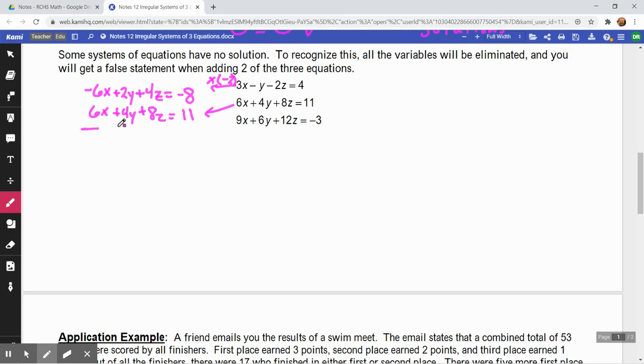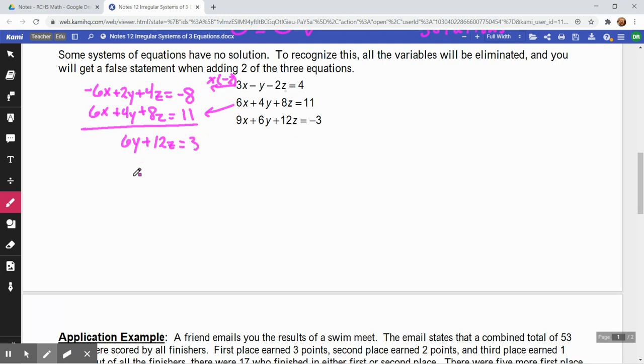Okay. And so we cancel the x's. They're gone. 2 plus 4 is going to give us 6y. The 4z and 8z combines to 12z. And negative 8 plus 11, that gives us 3.